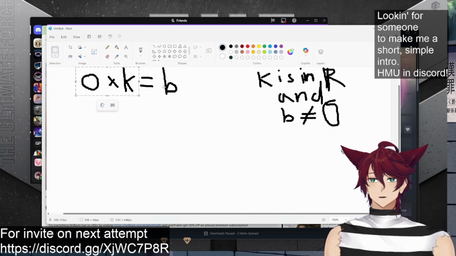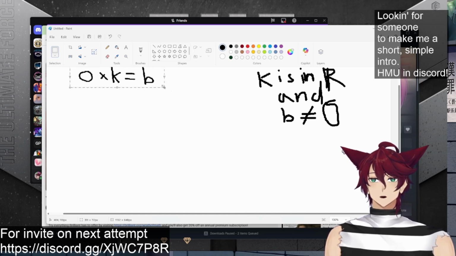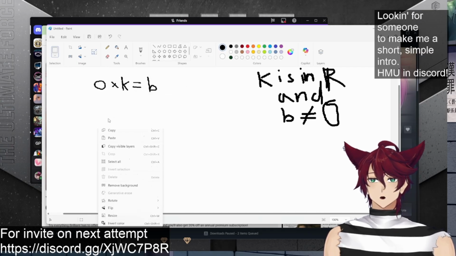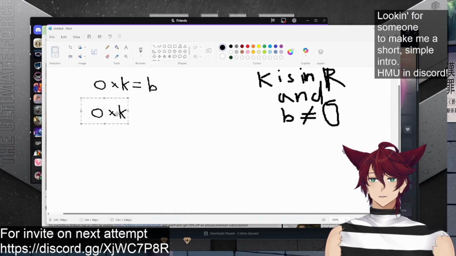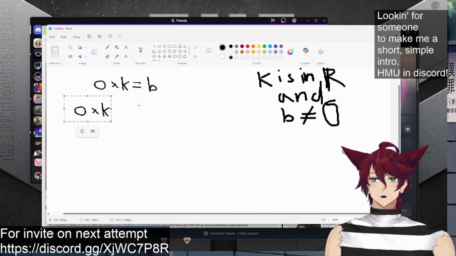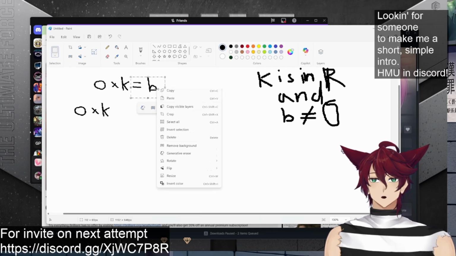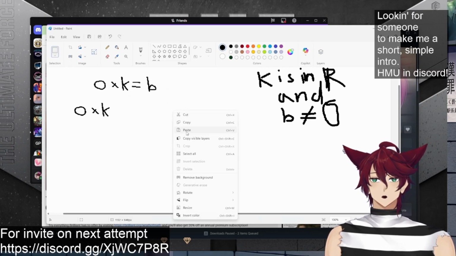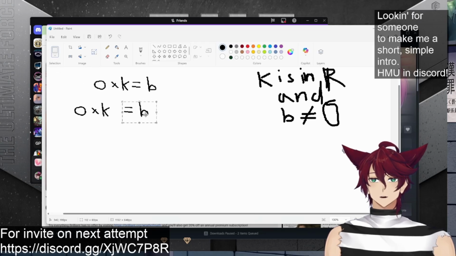Actually, let's shrink this all down. We're going to need some space for this. All right. So I'm going to copy that, paste it down below. And then we'll copy this and paste that down below like that.